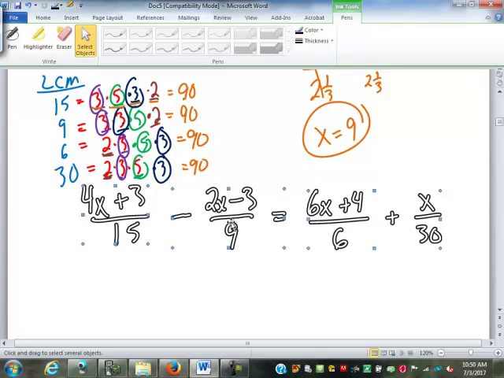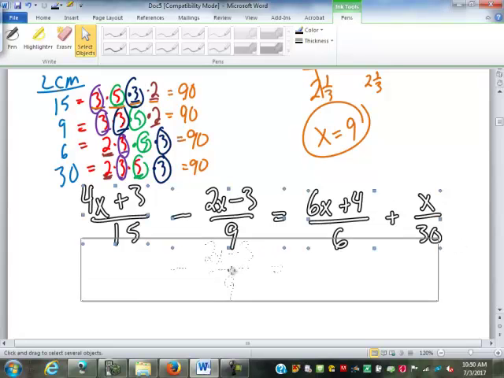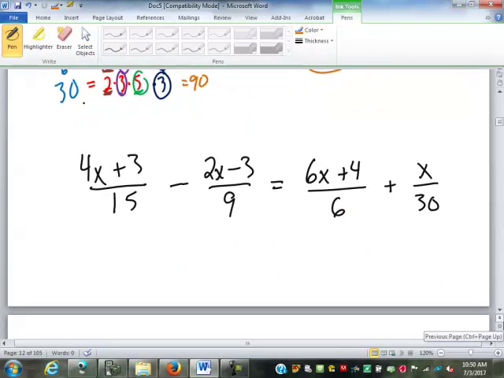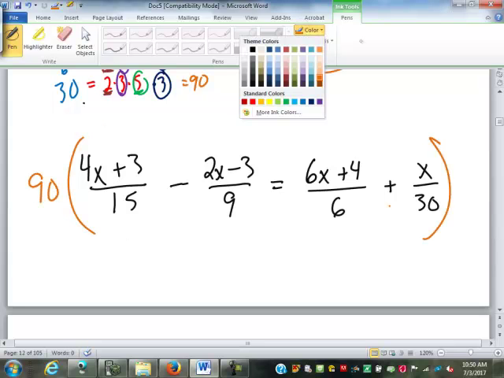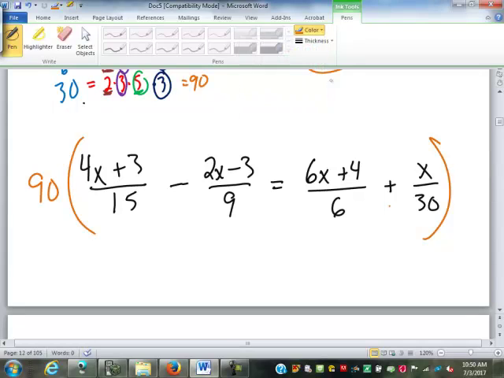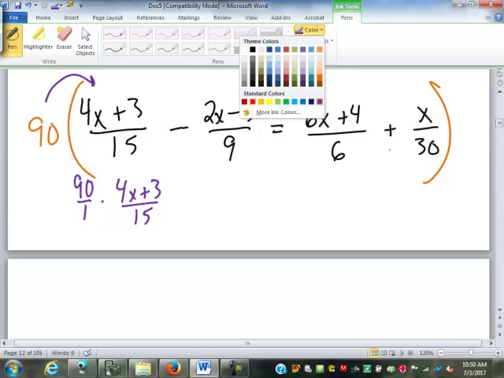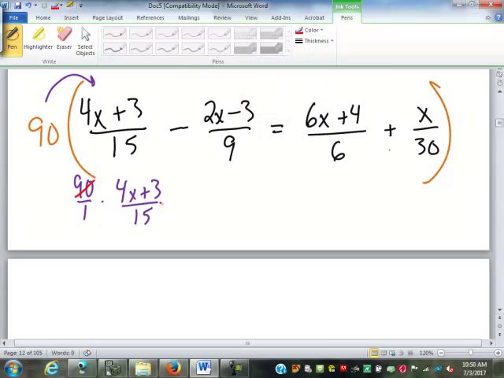I'm just going to move this down a little bit so that I'm not crowded at all there. So we are going to multiply this whole equation by 90. So we've got 90 times the 4x plus 3 over 15. So I make it a 90 over 1. And I can cross cancel the 90 and the 15.